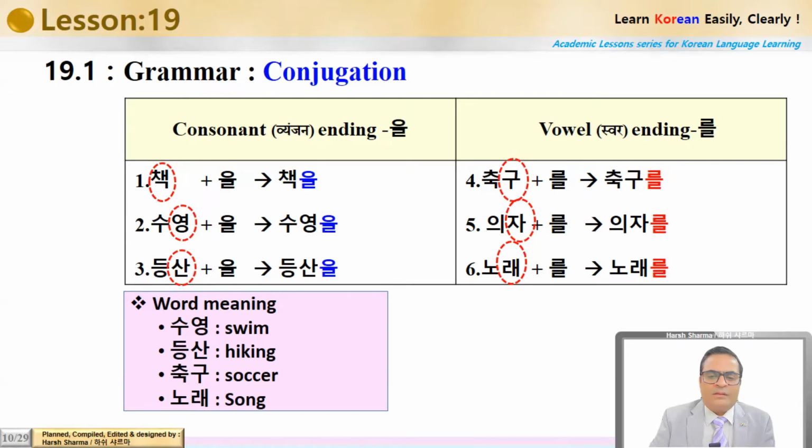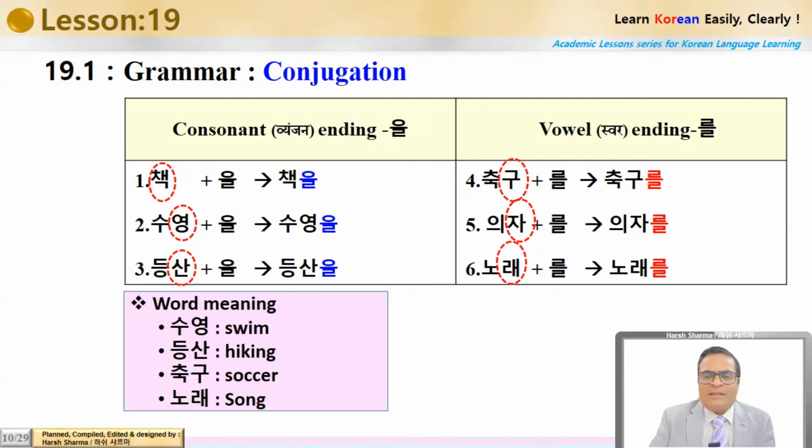Number three, deungsan plus ul, deungsaneul. If you see the nouns in numbers 1, 2, and 3, there is always a batchim in the final syllable. So whenever there is a batchim in the final syllable, we will select ul to indicate the object of the sentence.